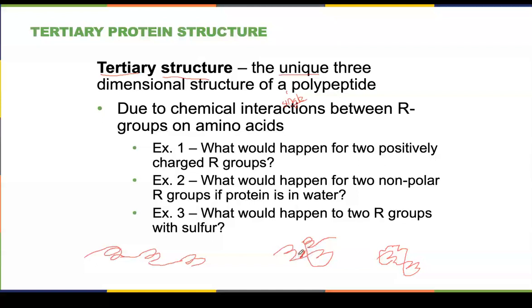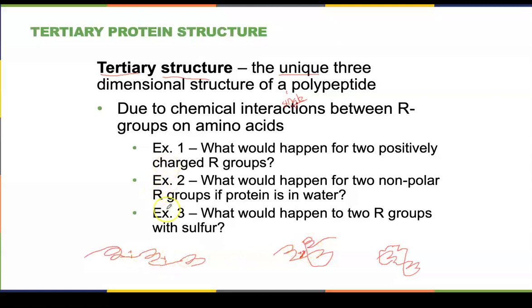If we had two positively charged amino acids in contrast, that could push those two portions of the polypeptide apart. So here's maybe a positive and here's a positive. So then it wouldn't fold together as it did in the previous example.